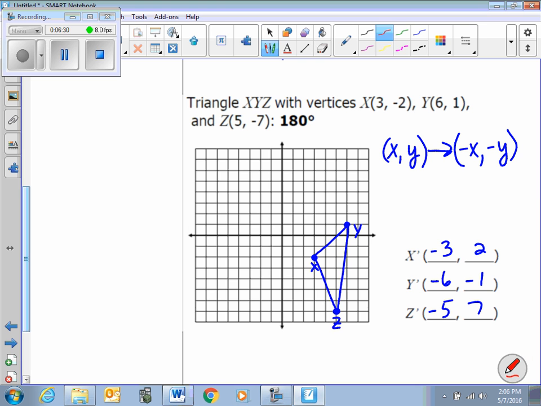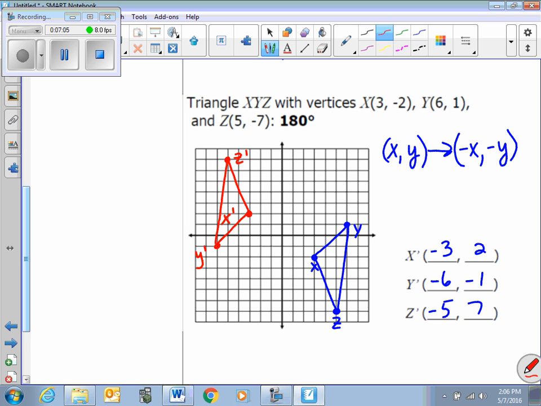So let me come sketch this guy in. (Negative 3, 2), 1, 2, 3. There's X prime. Y prime, (negative 6, negative 1). There's Y prime. And Z prime is (negative 5, 7). So there is our rotated triangle.